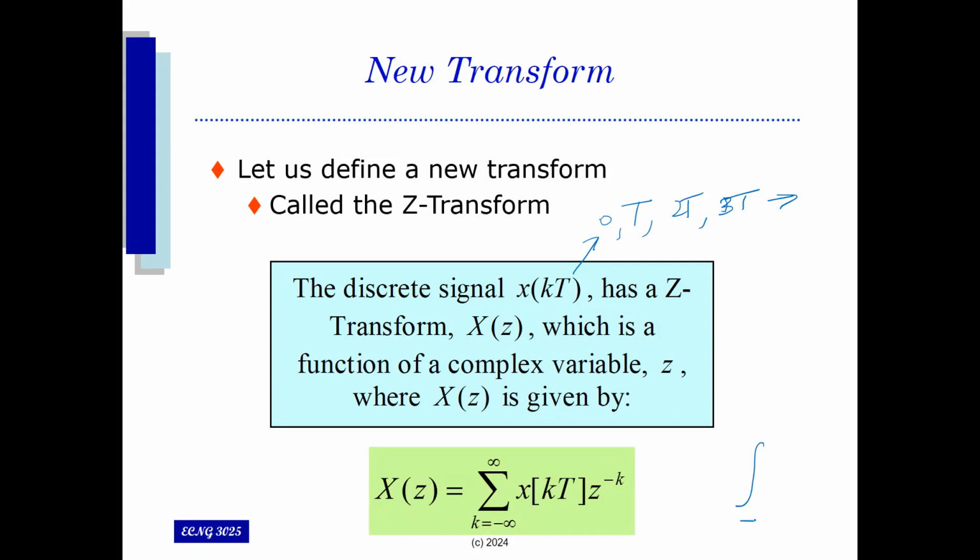The Laplace transform started out from minus infinity to infinity, but because we were dealing specifically with causal signals and so on, we dropped the lower limit from minus infinity down to 0.